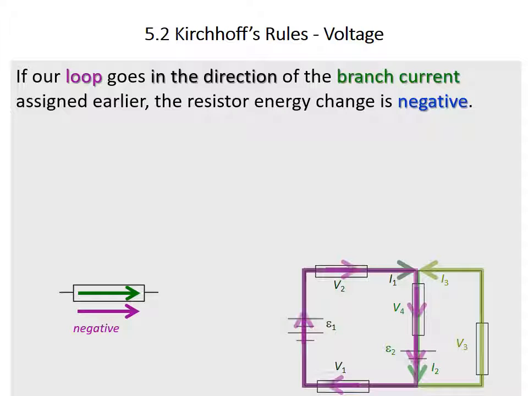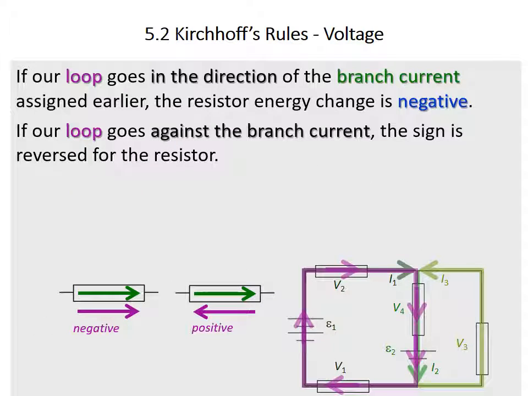When the direction of the loop, which is purple, matches the direction of the current, that is a negative voltage drop across that resistor. If the loop direction we've assigned goes opposite to the current direction we drew, then the voltage across that resistor is positive.